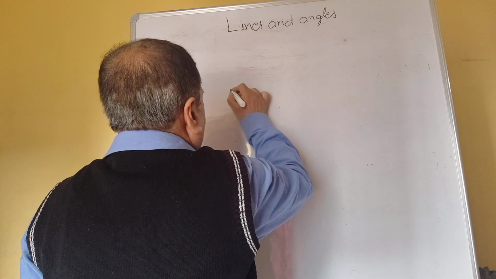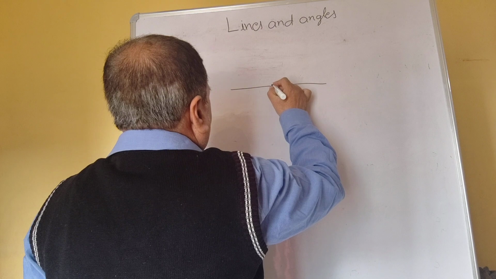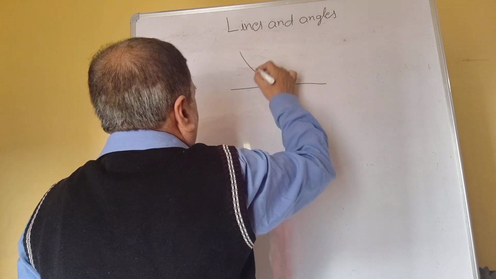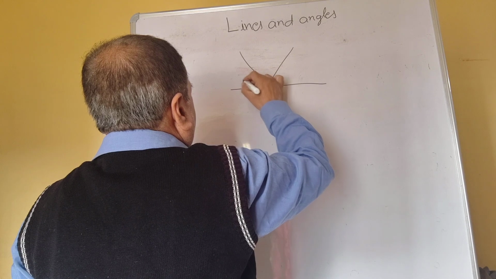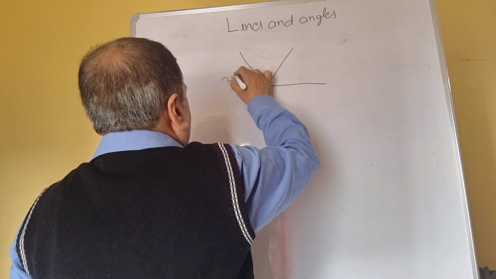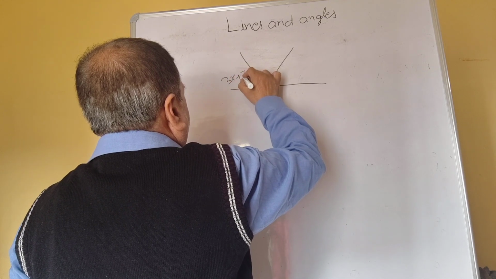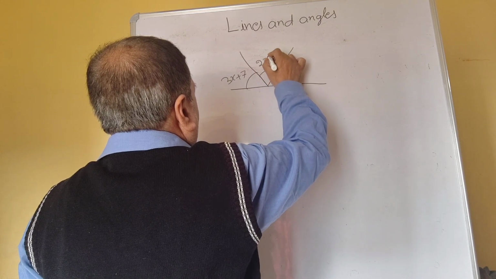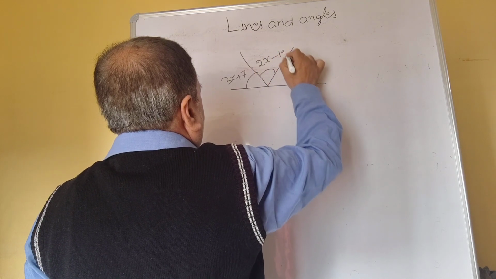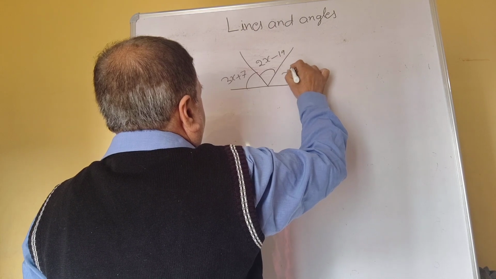Say this is 3x plus 7. This angle is 2x minus 19, and say this is x.